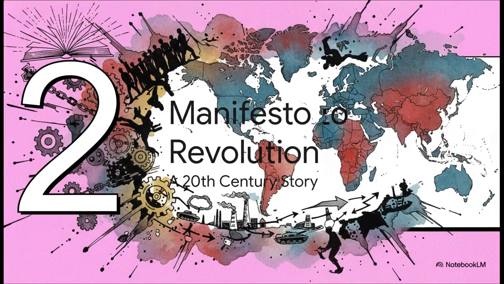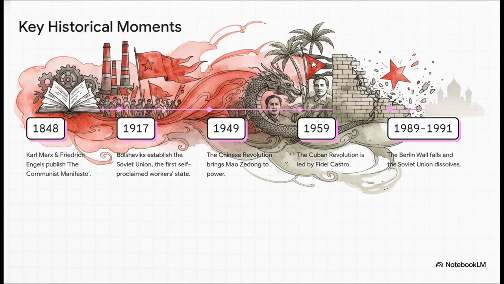So how does a theory like this actually leap off the page and into the real world? Well, it wasn't a slow burn, I'll tell you that. It was more like a series of explosive historical events that completely redrew the map of the 20th century. This timeline shows you what I mean. It all really kicks off in 1848 with the Communist Manifesto, and for decades it was this really powerful theory, but in 1917 it became a reality.